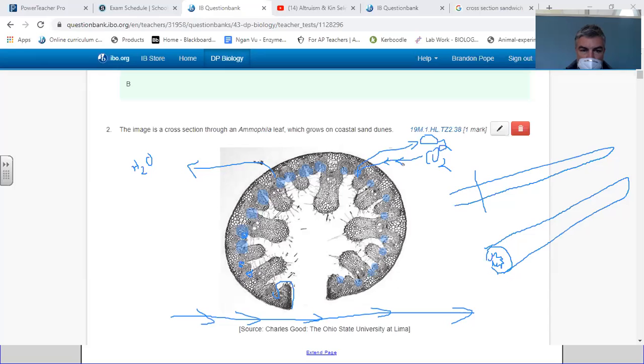It still has an increased surface area to volume ratio, so it can get rid of heat because it's going to wilt. But at the same time, it's going to protect all of those stomata from the wind, so the wind doesn't dry it out. Because if you guys have ever gone outside when it's windy, what do your lips get like?